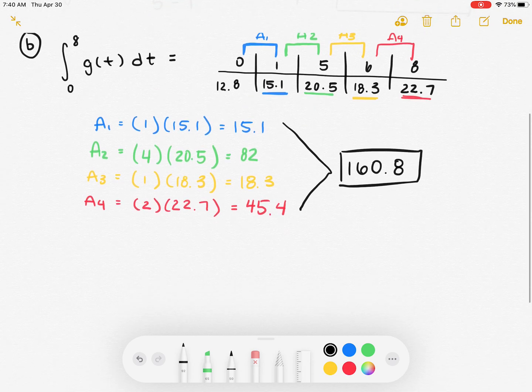So in order to find the amount of unspoiled grain, I first am going to look at what I already know. I know that the approximate total amount of grain that's in the silo was the 160.8 that I just found. That's how much they told us is being added. W of t tells us how much grain is being removed.